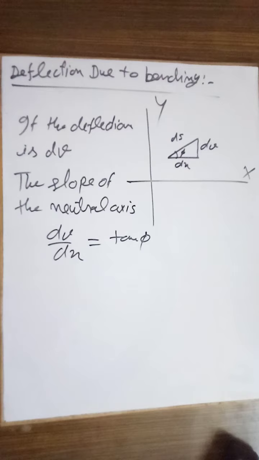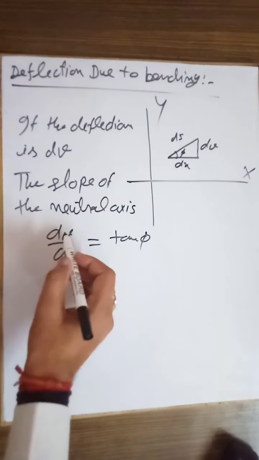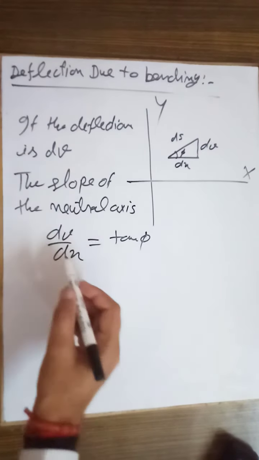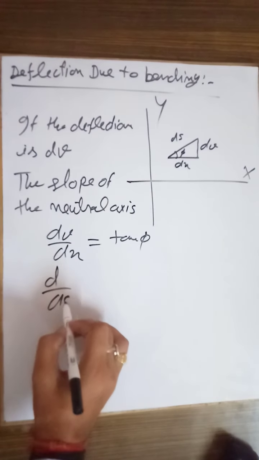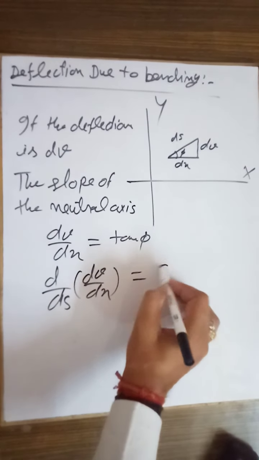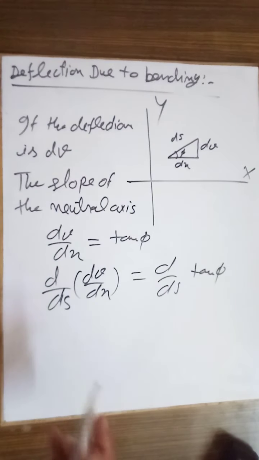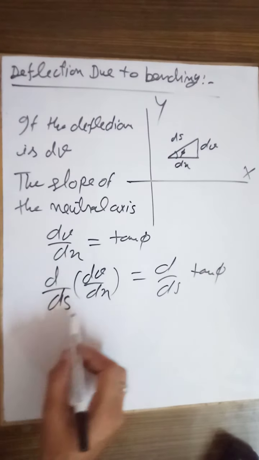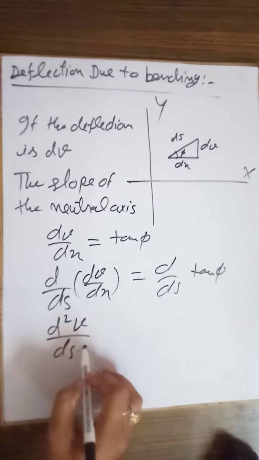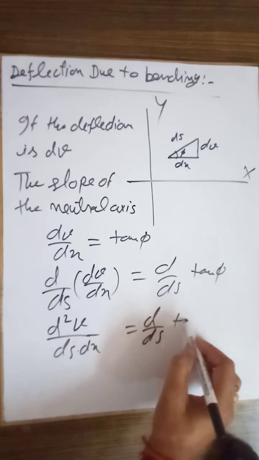We can write this equation by differentiating this term with respect to s, so that is d by ds of dv by dx equals d by ds of tan phi. Rearranging the terms, d2v by ds dx equals d by ds of tan phi.